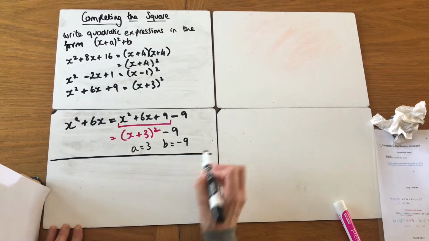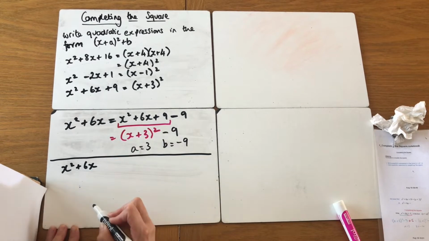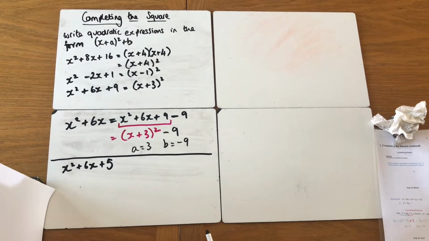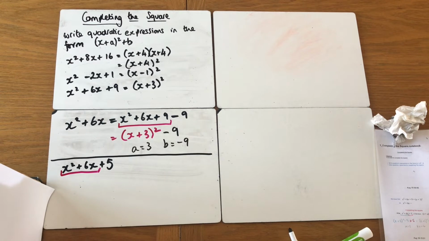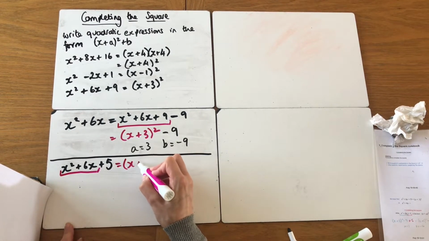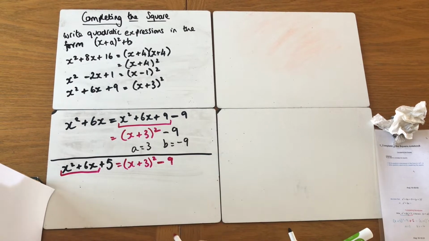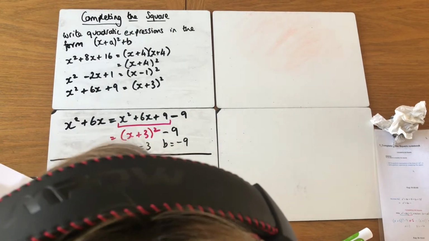If we started perhaps with, instead of just x squared plus 6x, x squared plus 6x plus 5. Again, we know that the first part of this quadratic expression, the x squared plus 6x, is the same as x plus 3 all squared, and then we need that minus 9 on the end in order to cancel out the plus 9 that we would get when we expand that double bracket.